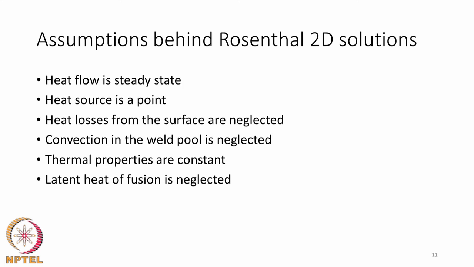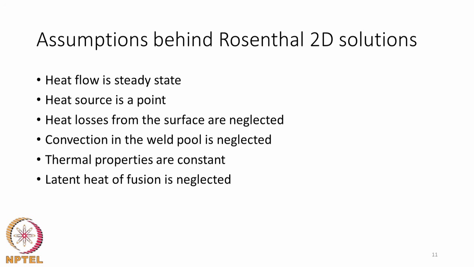For a 2D solution, the assumptions are that the heat flow is actually in a steady state, which means that Rosenthal solution is to be applied when we have the heat source moving constantly over a long bead, so that along the bead we can assume a steady state, and which also means that for capturing the temperature variations for pulsed heating etc., then we will have to do some averaging before we can apply this kind of a solution.